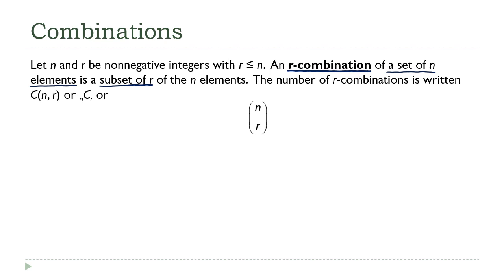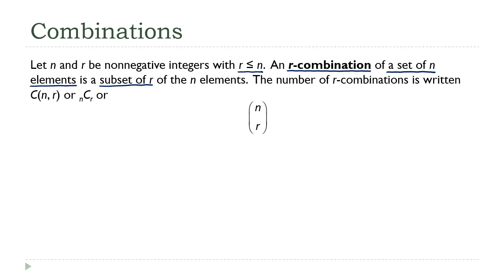Now let's jump back to the first sentence: let n and r be non-negative integers with r less than or equal to n. Hopefully you see why. We can't select more elements out of that set than it actually has, so we have to put that caveat in there that r has to be no bigger than n.